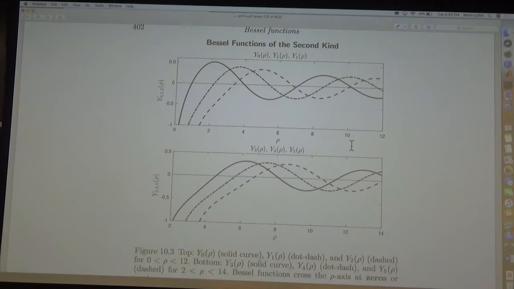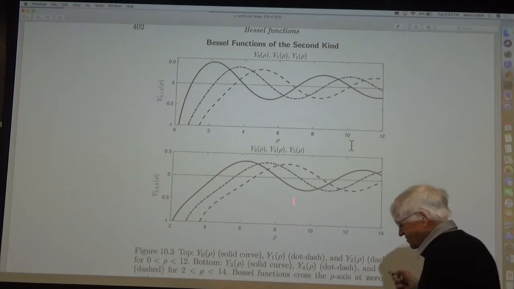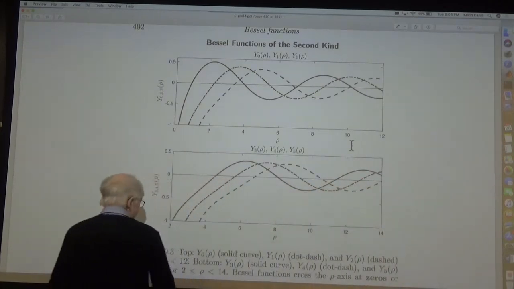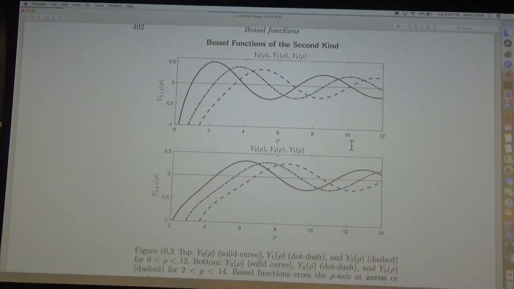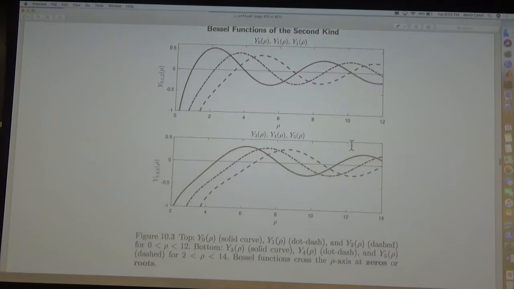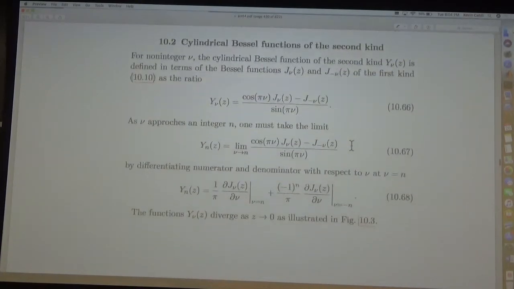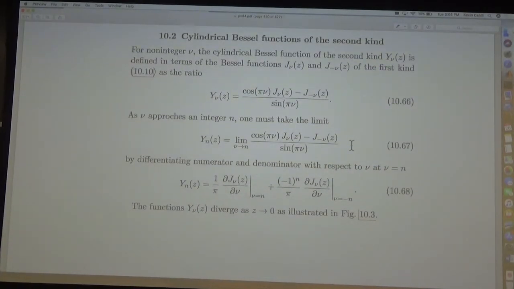Okay, let me do a topic that I should have emphasized more in the book, and so I mean, I did have this graph in the book, but I think there's a little bit more to say. These are the Bessel functions of the second kind, cylindrical Bessel functions of the second kind, and let me show you how they're defined.